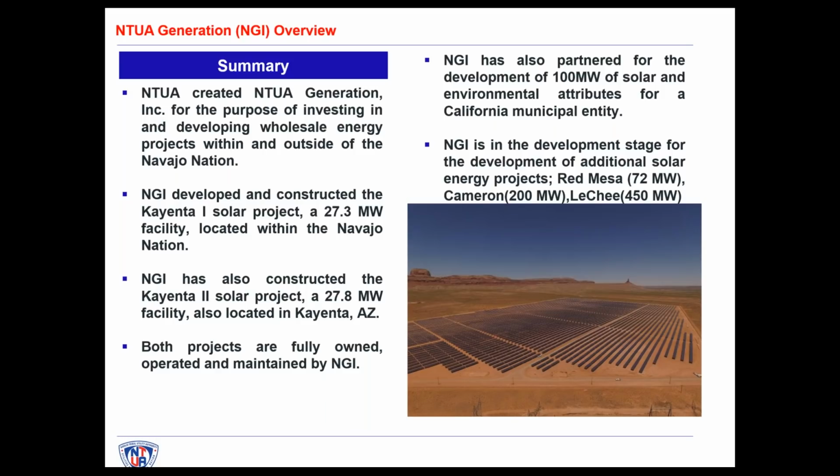NGI also constructed Kayenta 2, which is adjacent to Kayenta 1, a 27.8 megawatt facility. Again, both projects are fully owned, operated, and maintained by NGI as part of NTUA.